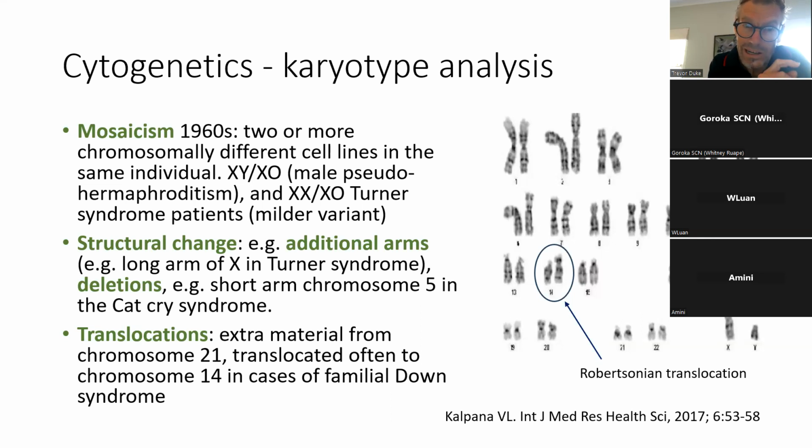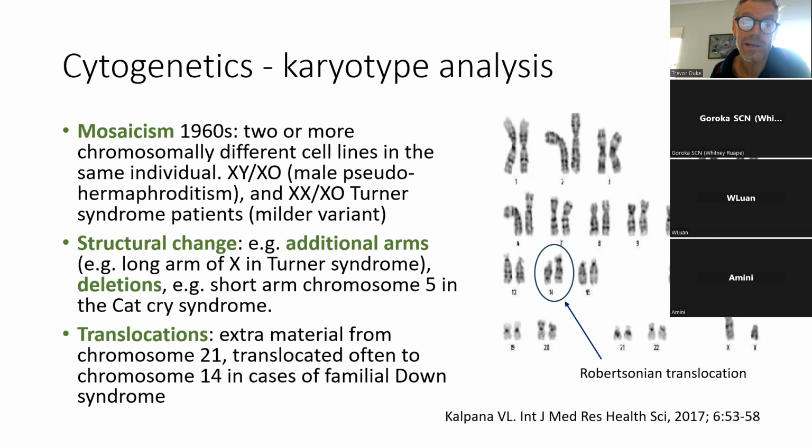Mosaicism means when there are two or more chromosomally different cell lines in the same individual. So for some genetic defects, like Down syndrome, there are some children who have Down syndrome who are what they call mosaics. That is, not all of their cells within their body will have an additional chromosome 21. Some will have a normal number, just two 21 chromosomes, and some cells will have three, and that's just called mosaicism.